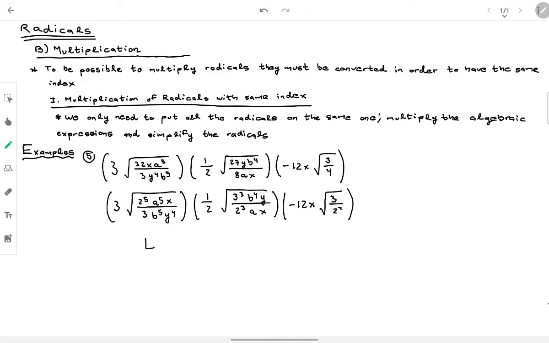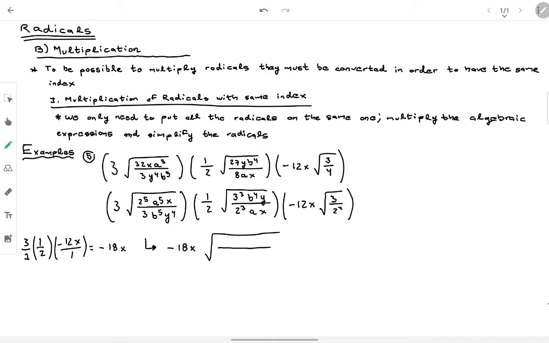So after this one, we can multiply, in this case, the coefficients that are 3, that multiplies 1/2, that multiplies minus 12x. So it's going to be 12 divided by 2, it's 6 times 3. It is going to be minus 18x. So it's going to be minus 18x that multiplies, and let's see what happens on top, what happens on the bottom.